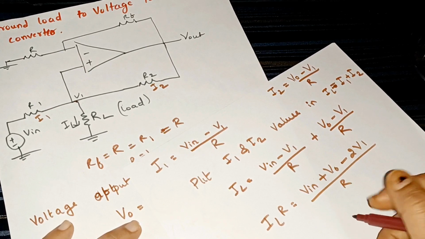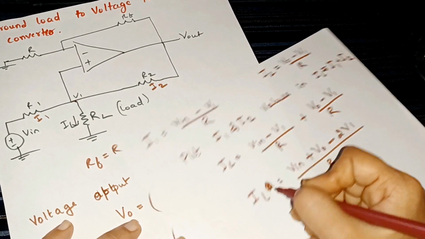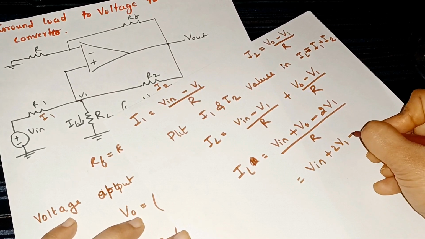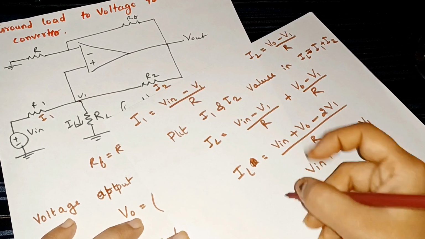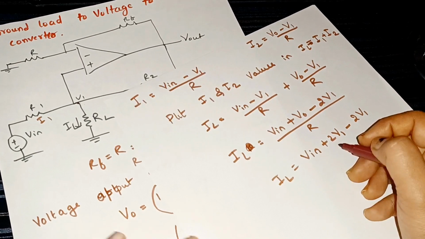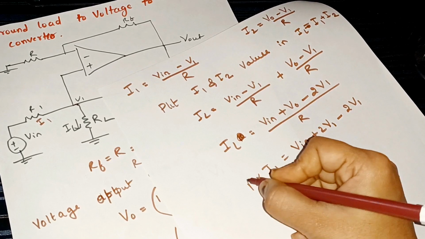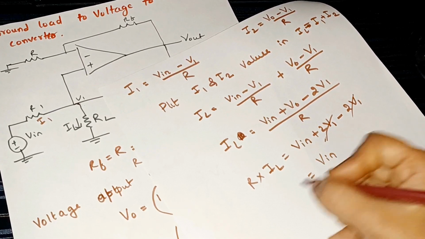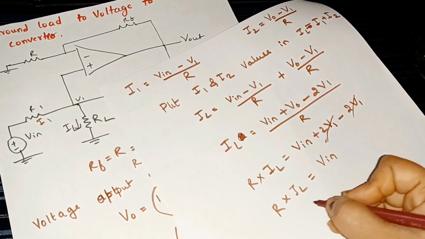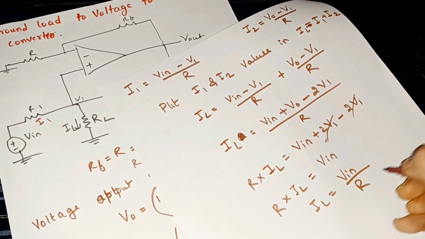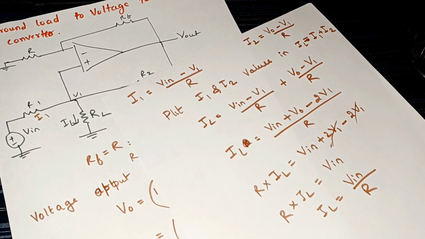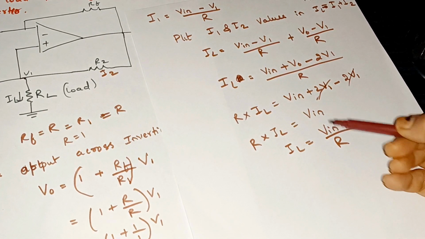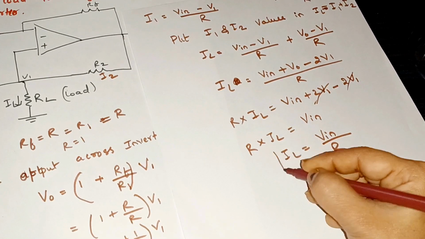Substituting V0 equals 2V1, the 2V1 terms cancel, and we get IL equals Vin divided by R. These two terms are common, so we cancel them. Similarly to the floating load, we get the current. This is our final equation.